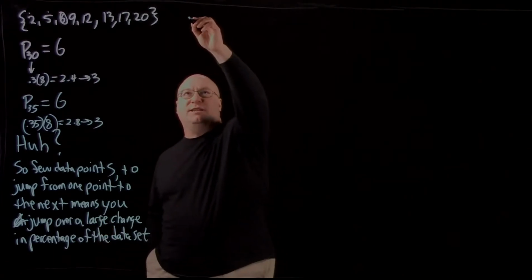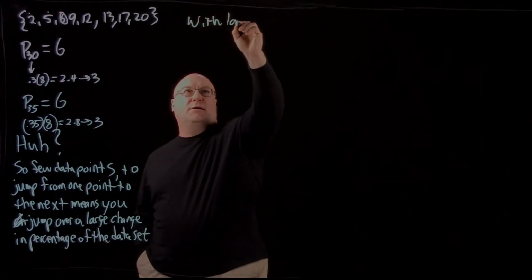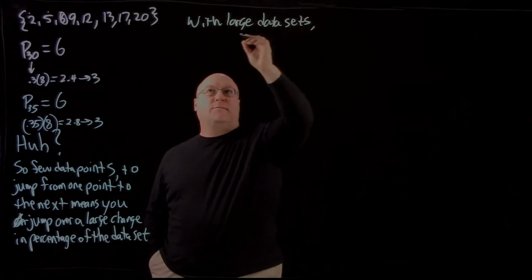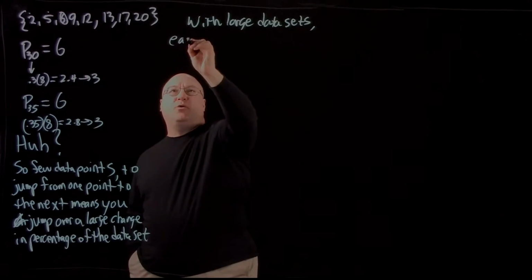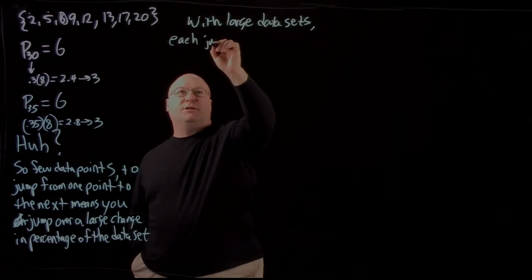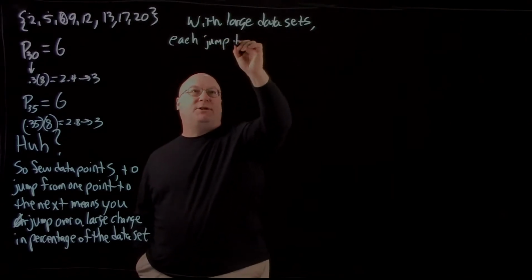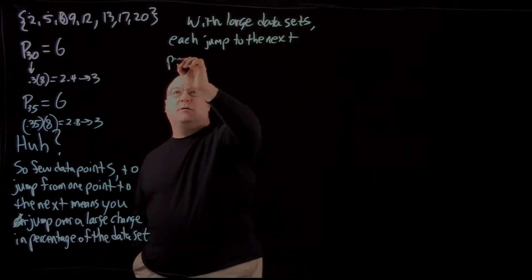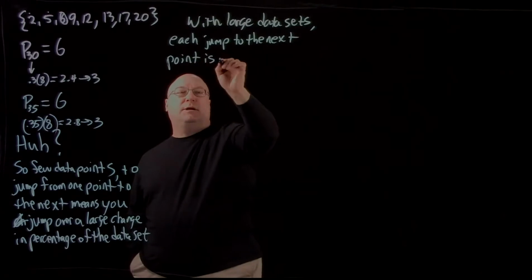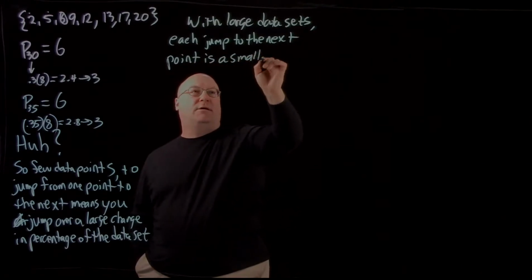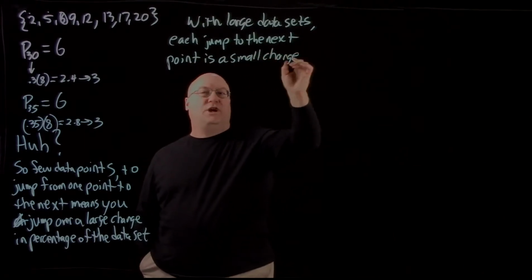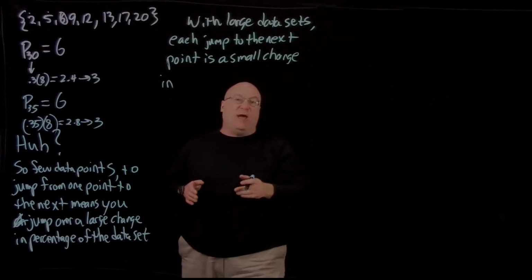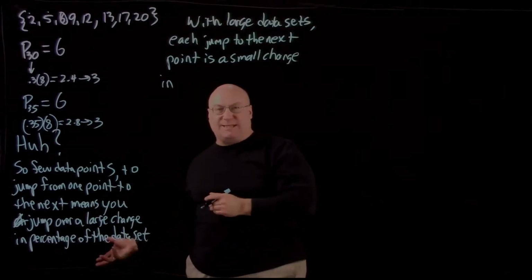So with large data sets, each point, I'm using the non-technical word, each jump to the next point is a small change in what percentage of the data you have now to your left that's less than you.